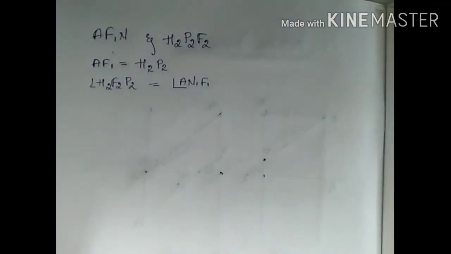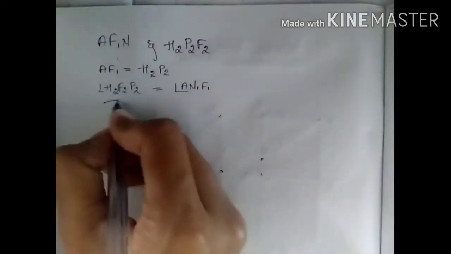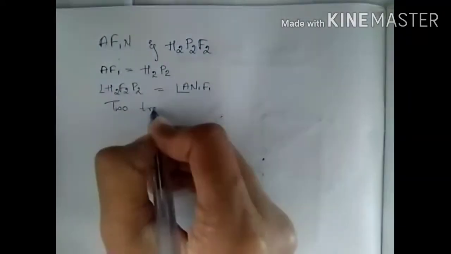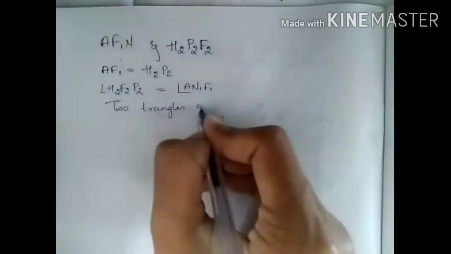So AN1 is another incident ray, and this ray is parallel to the first emergent ray, that is H2P2. So with that information we can write angle AN1F1 is equal to H2F2P2. So hence two triangles are congruent.